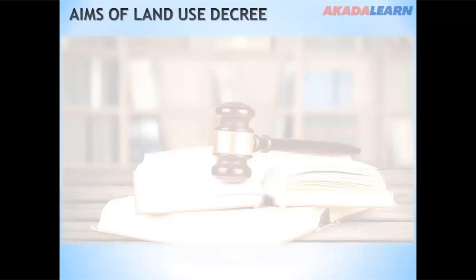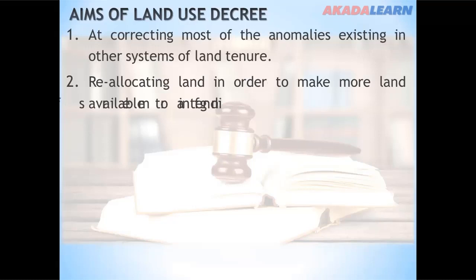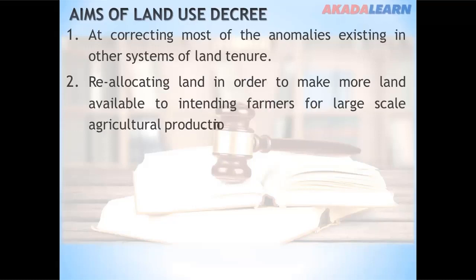What are the aims of the Land Use Decree? Are they correcting most of the anomalies existing in other systems of land tenure? The Land Use Decree aims at reallocating land in order to make more land available to intending farmers for large-scale agricultural production.